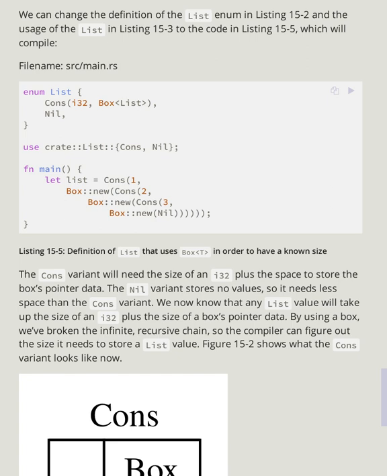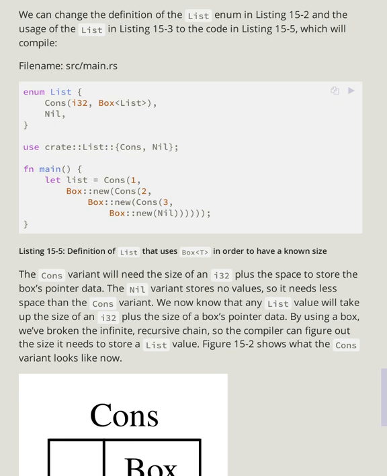Use crate::List::{Cons, Nil}. Function main: let list = Cons(1, Box::new(Cons(2, Box::new(Cons(3, Box::new(Nil)))))). Lots of parentheses. The Cons variant will need the size of an i32 plus the space to store the box's pointer data.